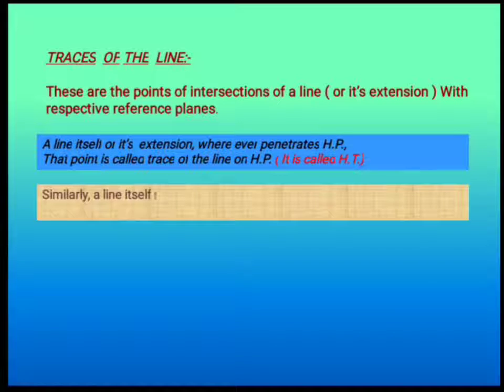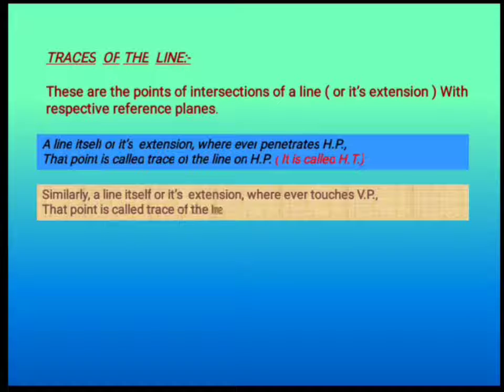Similarly, a line or its extension which touches or penetrates vertical plane is called the trace of that line on vertical plane, which is denoted by vertical trace VT.